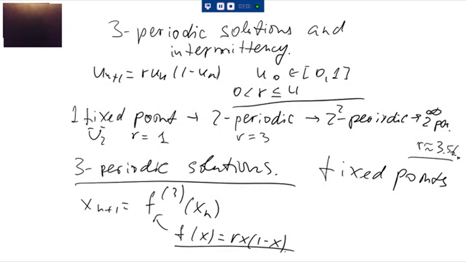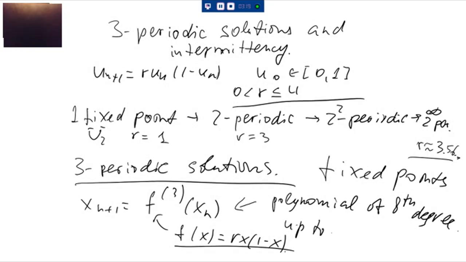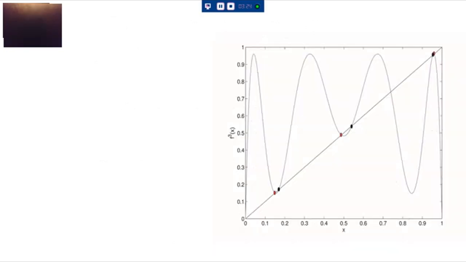Again, f^3 is a polynomial of 8th degree, and it can have up to 8 roots. So what happens here: the first two roots are fixed points of the logistic map.